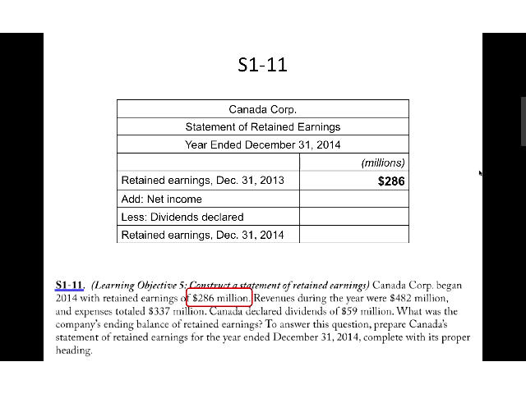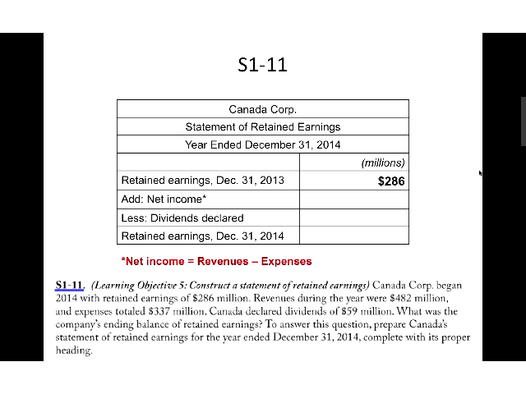Okay, so now this is in millions, so we're going to have our millions column. And then our beginning retained earnings, it tells us we began the year with 286. That is the same as last year's ending. So we have 286 million to begin with.